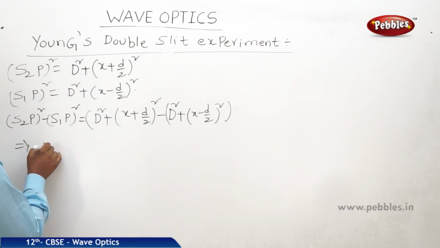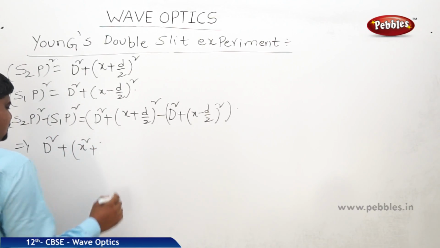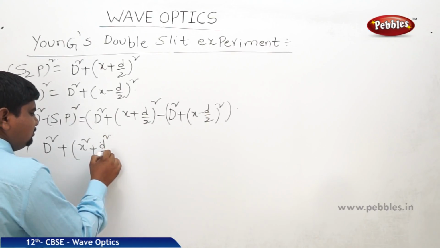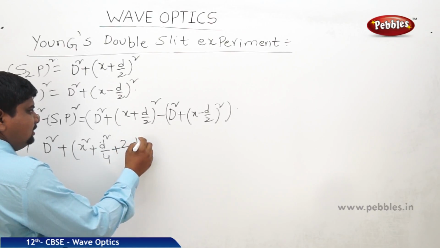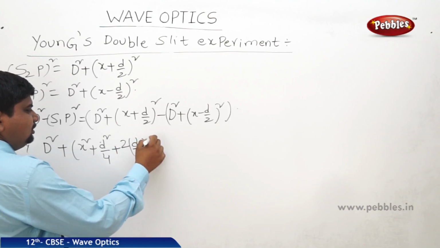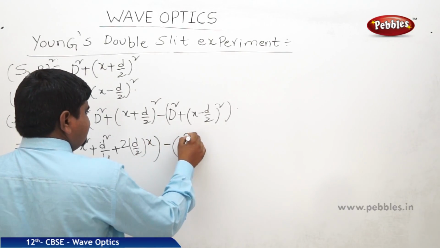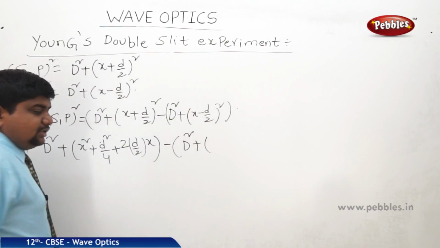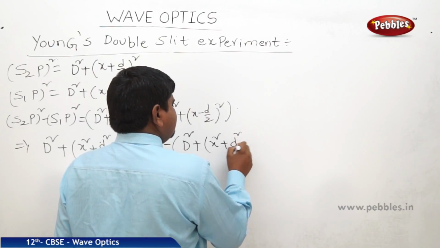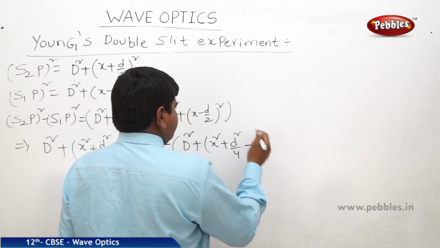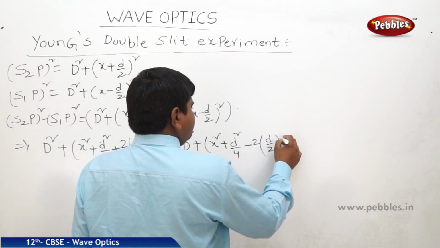So it will be D square plus, what is this one, x square plus d square by 4 plus 2dx, 2 into d by 2 into x. This one minus of D square plus x square plus d square by 4, so A minus B whole square is A square plus B square minus 2AB, minus 2 into d by 2 into x.